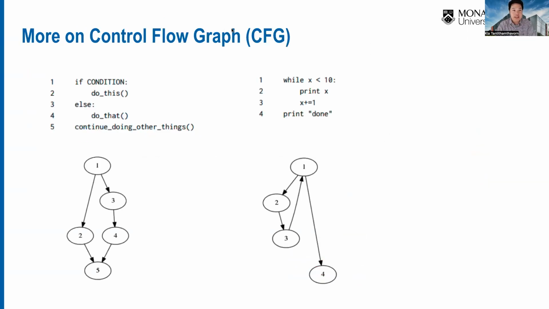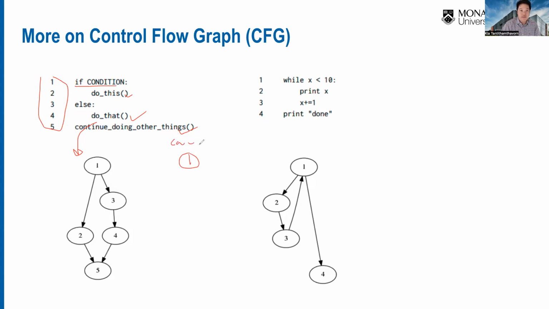And here are a few more examples, right? Let's say we have 5 lines of code here. If condition, do this, else do that, and then this one. Now, if we translate this program into the control flow graph, normally we will start with the first line of code, the if, and that's the condition.